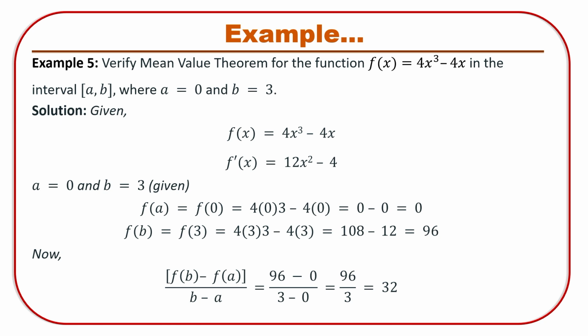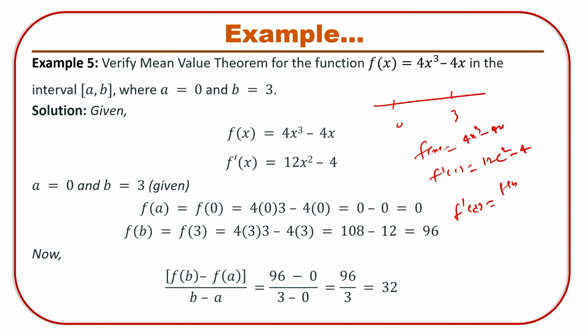Similarly, the next and last question: mean value theorem for this function in the given interval. So we have to verify that the mean value theorem is applicable for this function, and the interval is given as 0 to 3, and f(x) equal to 4x^3 - 4x. Find f'(c). So this will be 12c^2 - 4, and we can calculate this one, (f(b) - f(a))/(b - a).